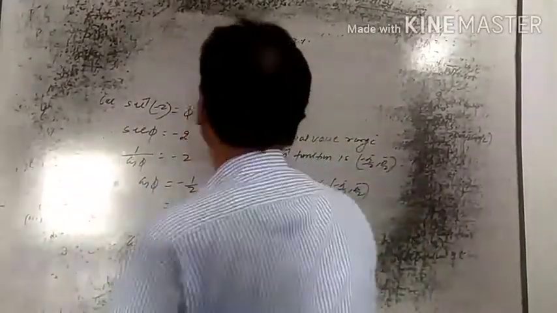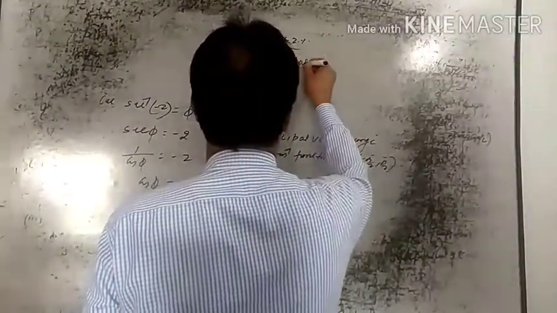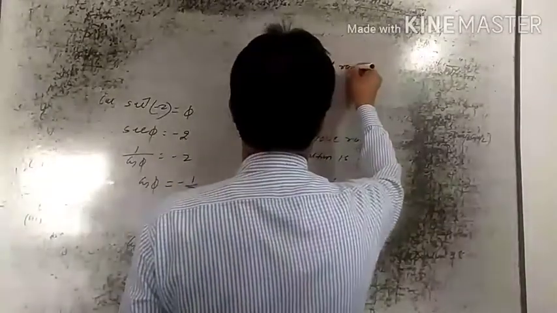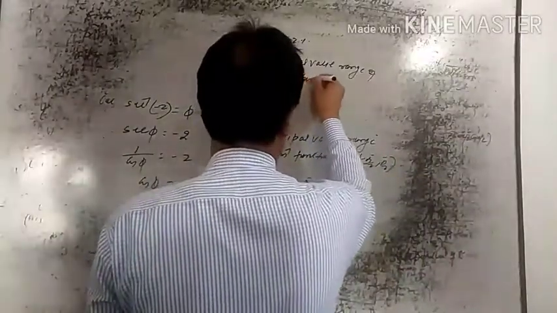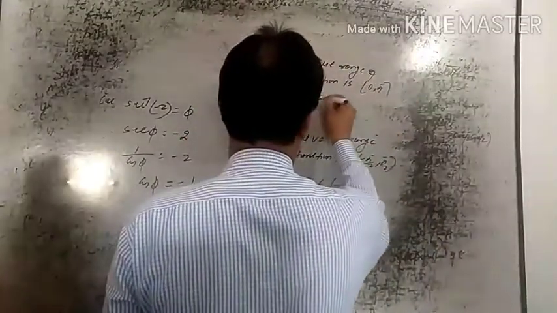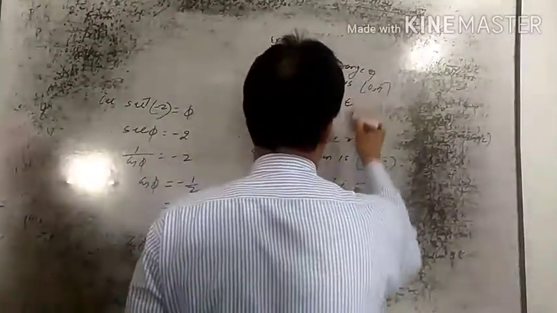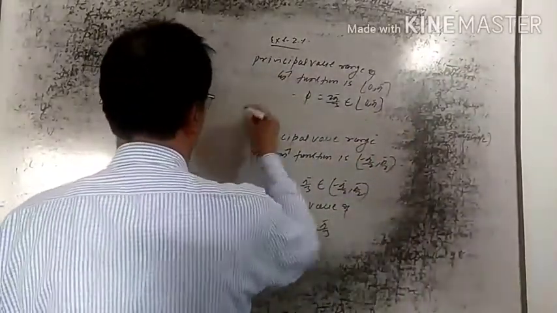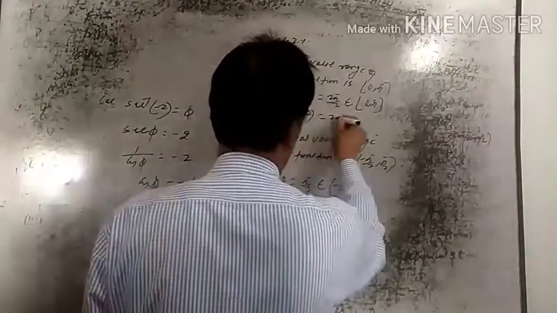Since the principal value range of the cos inverse function is the closed interval 0 to pi, therefore phi is equal to 2 pi by 3, which belongs to that interval. Therefore, the principal value of sec inverse minus 2 is equal to 2 pi by 3.